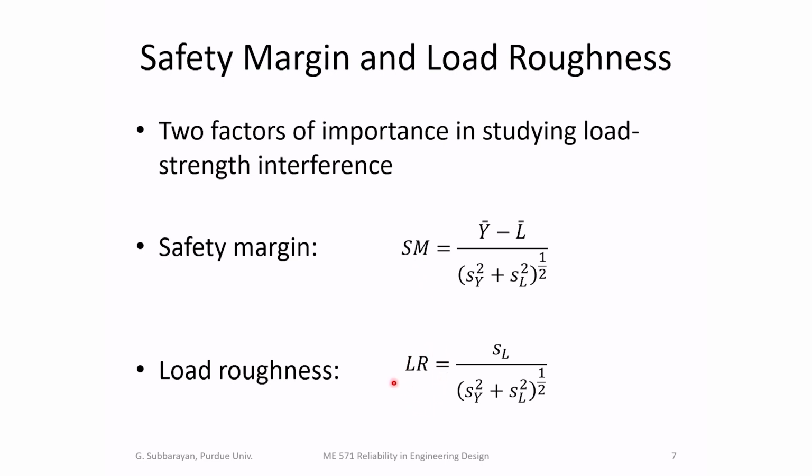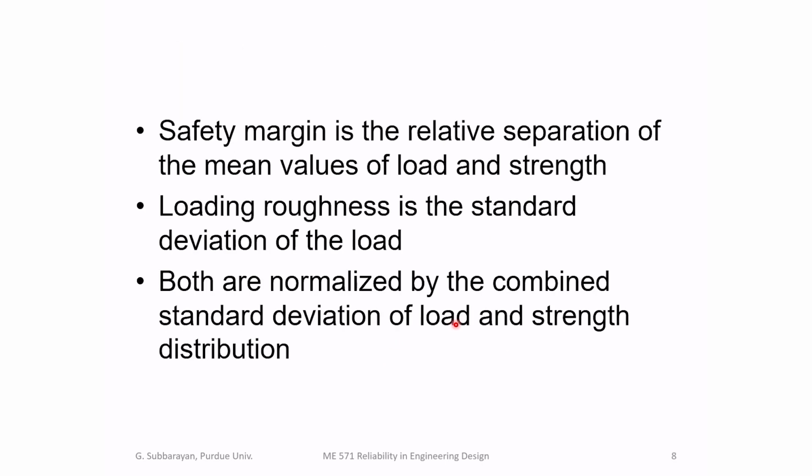And this defines our desired load spread, and then we will go about identifying part dimensions that meet our desired reliability and desired load roughness. So in words, safety margin is the relative separation of the mean values of load and strength, and load roughness is the standard deviation of the load normalized. Both of them are normalized by the standard deviation of strength minus load.